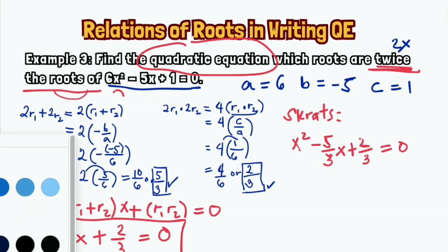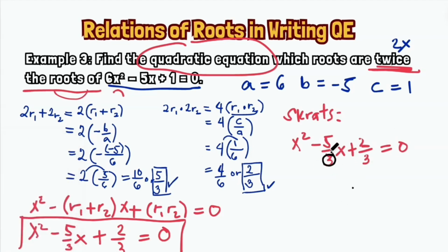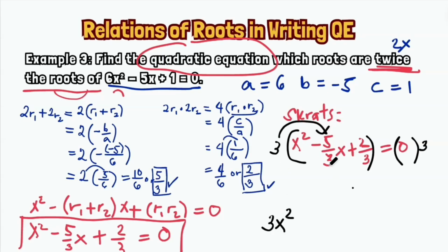So, allow me to change my color. Para matanggal itong denominator na 3, ang gagawin natin is multiply natin yan sa 3, both sides. So, we have 3 times x squared, that is going to be 3x squared. Next is we multiply 3 times negative 5, that is negative 15, divided by 3, that is negative 5.